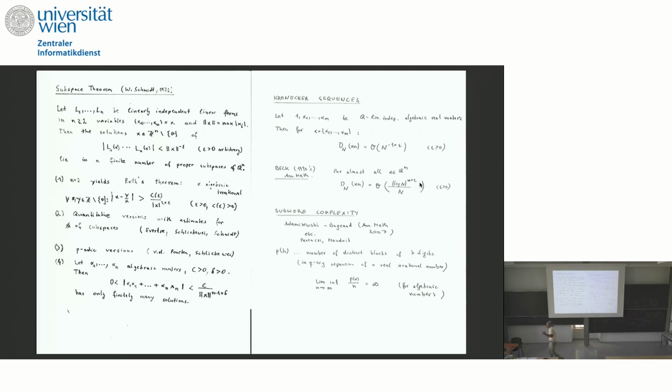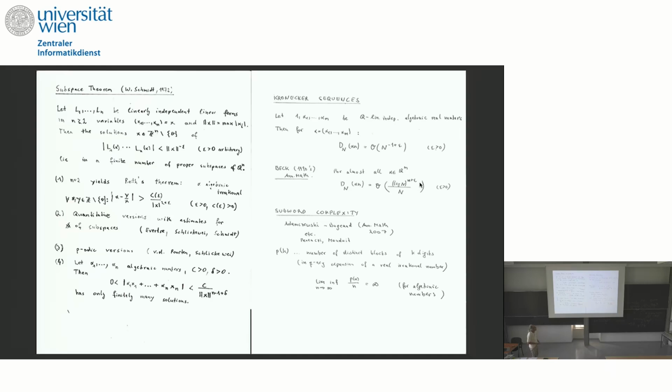You see, a normal number is a number where, of course, all blocks show up with the same frequency q to the minus k, if k is the block length. At least any block shows up. All blocks show up. And the subword complexity, p of k, is the number of distinct blocks of k digits which show up. The number of distinct blocks.